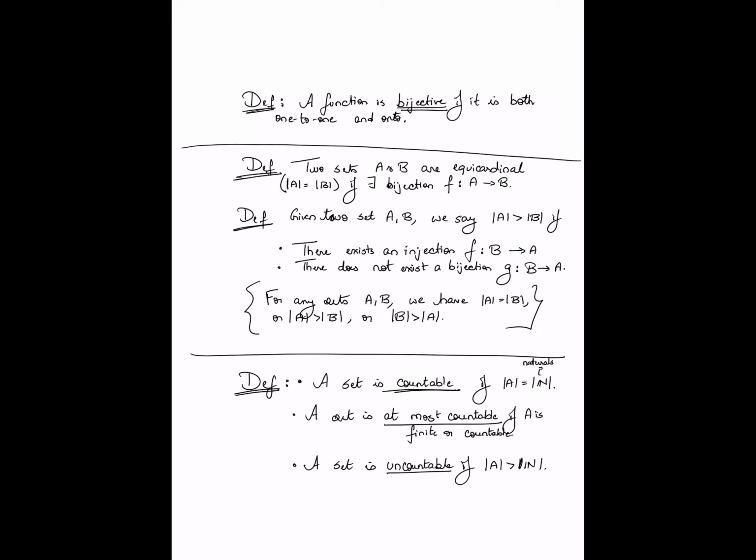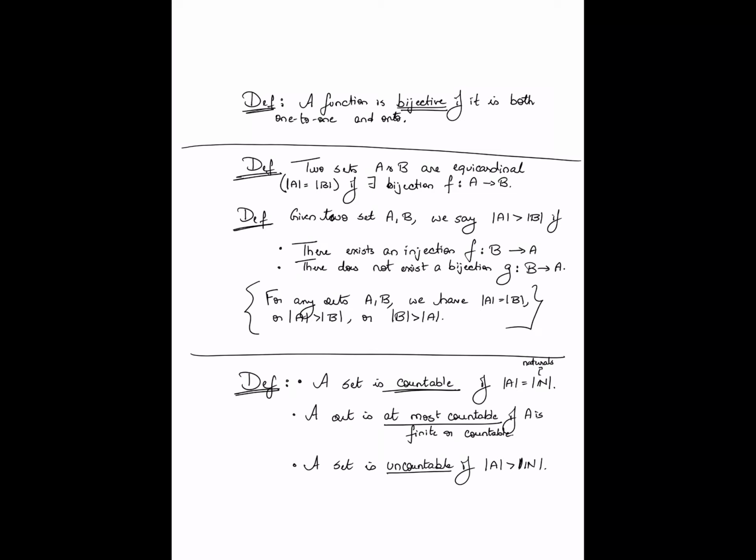So in certain books, what we have called at most countable is also called countable. Okay, so different authors use slightly different definitions of countability. By the definition that I have presented here, only infinite sets can be countable, because you have to be equicardinal with the naturals to be called countable, right?